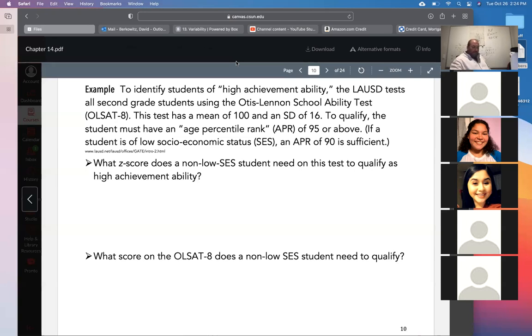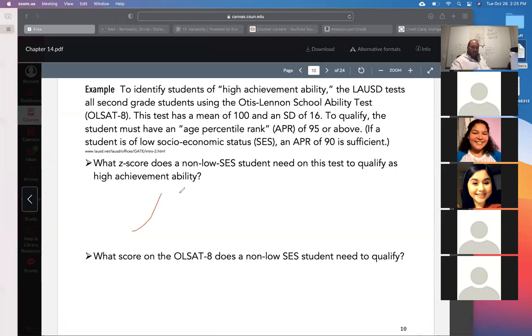But even with just one question, because we're focusing right now on the 90, and then the follow-up on the bottom of the page, actually they're both non-low. So either way, if we just focus on the 95 one, the big difference between what we did before and what we did now is in the last example, you had the Z-score and you were looking for the percentage that correlated to that Z-score.